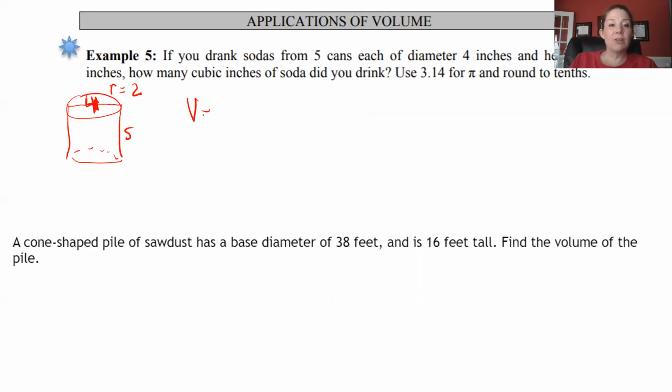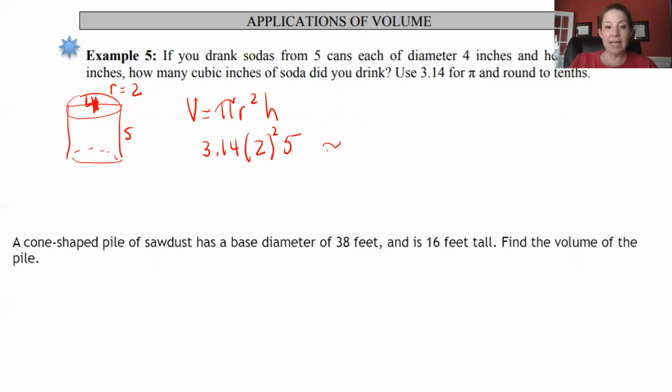So to find the volume, we're going to do pi times radius squared times h. So we're going to do 3.14 times our radius squared times 5. So 3.14 times 2 squared times 5 equals.